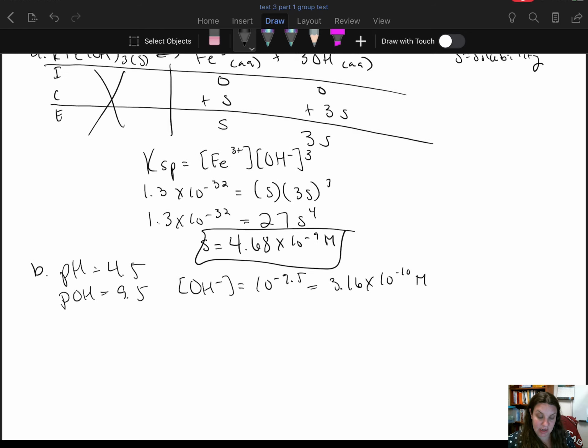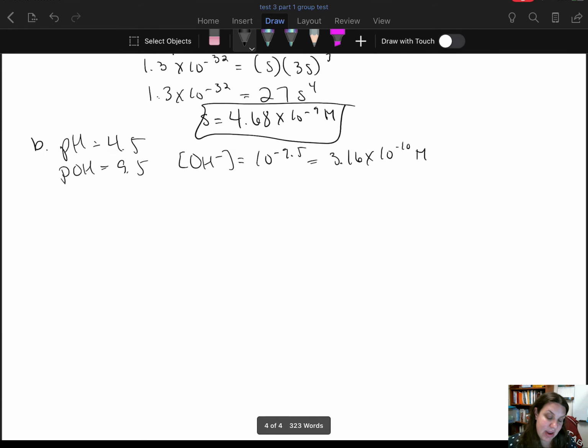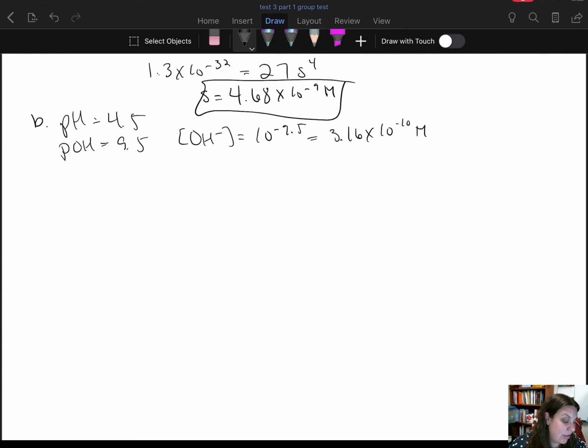This indicates that we have a hydroxide concentration that is lower than pure water, so we actually should increase our solubility here. So we have iron hydroxide dissolved to produce Fe3+ and 3 hydroxides.